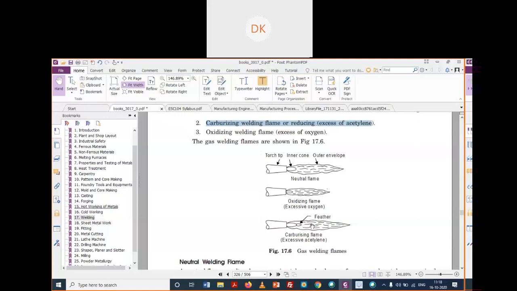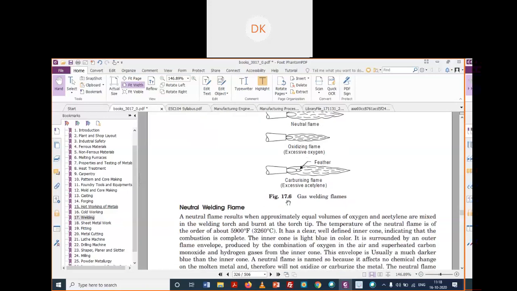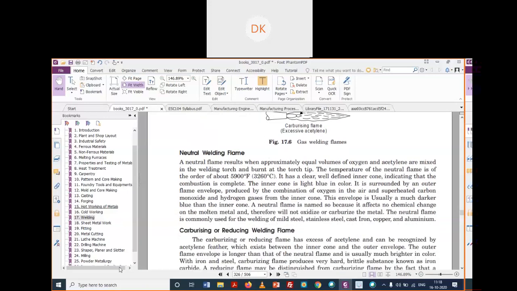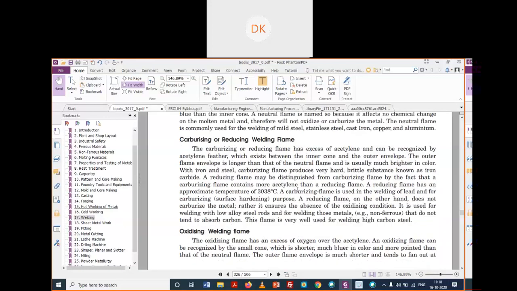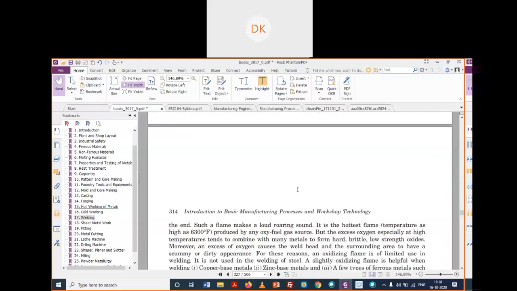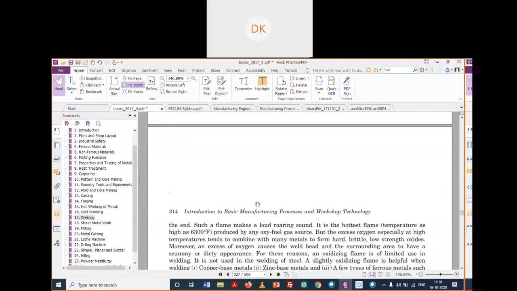So if you are given options, by looking at the picture you can say this is a neutral flame, this is an oxidizing flame, and this is a carburizing flame. You can also see the oxidizing flame has a comparatively lower temperature.